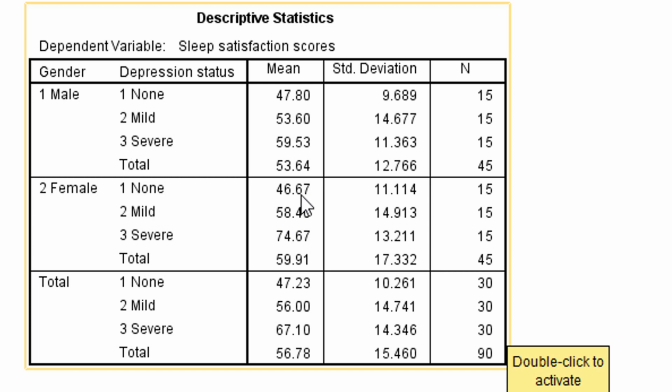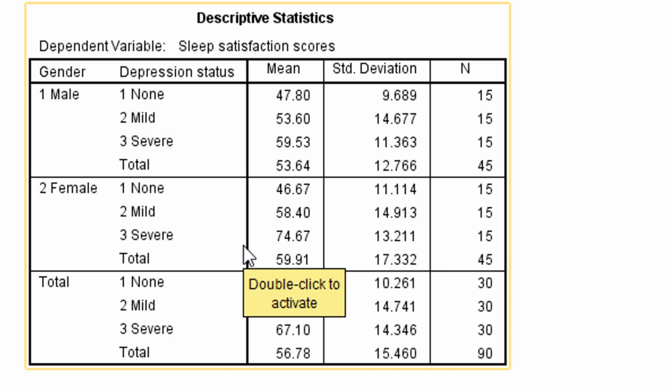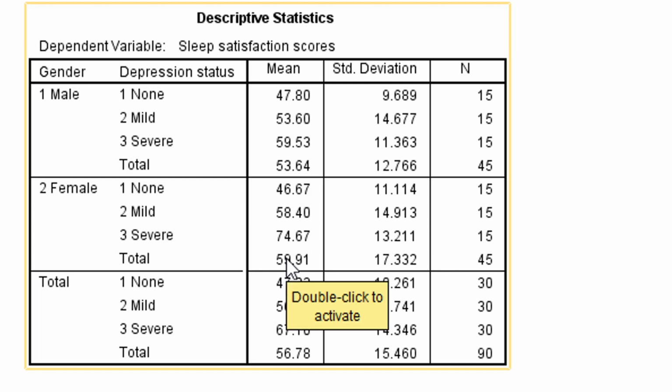It shows that depression among females leads to poor sleep satisfaction scores, and as I told you earlier, the higher the score, the poorer the sleep satisfaction. So the higher the depression, the higher the sleep satisfaction score, so poorer is the sleep actually.